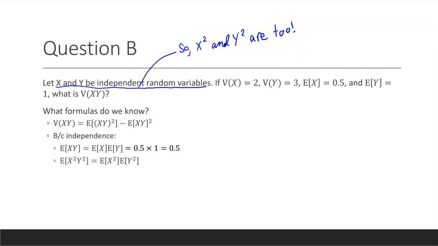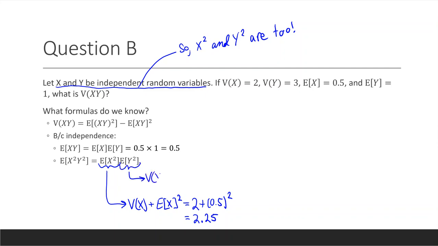Okay, well, we don't have the expected value of x squared itself yet. However, we can find it from what we're given. In particular, we can use that the expected value of x squared is the variance of x plus the expected value of x, squared. Plugging in what we're given, we get that the expected value of x squared is 2.25.